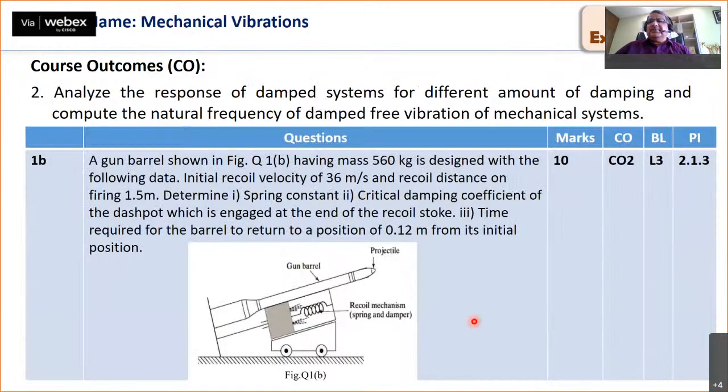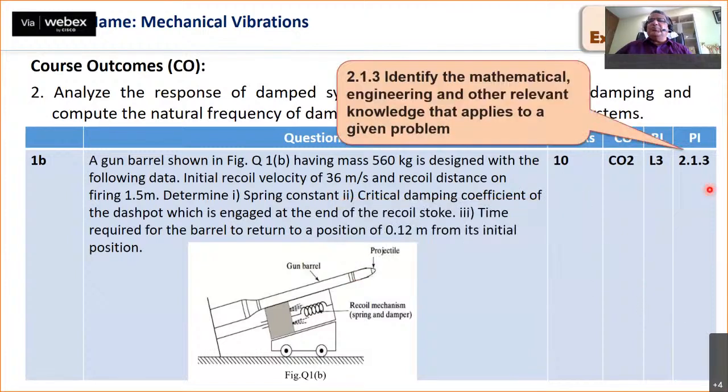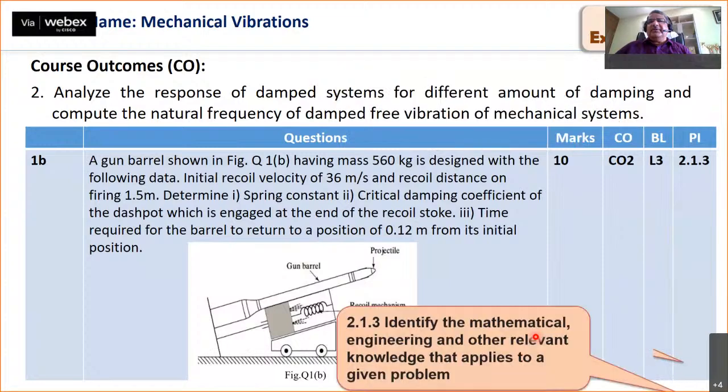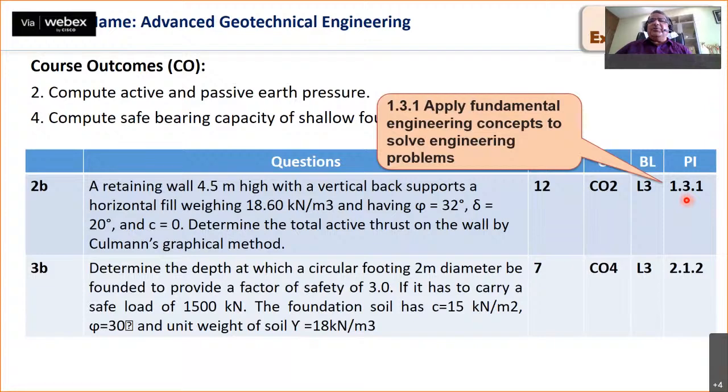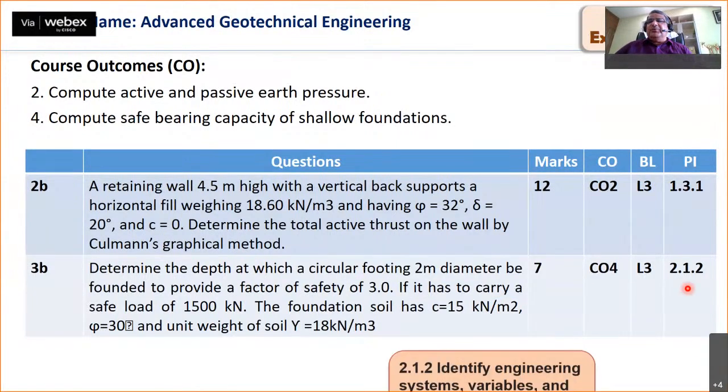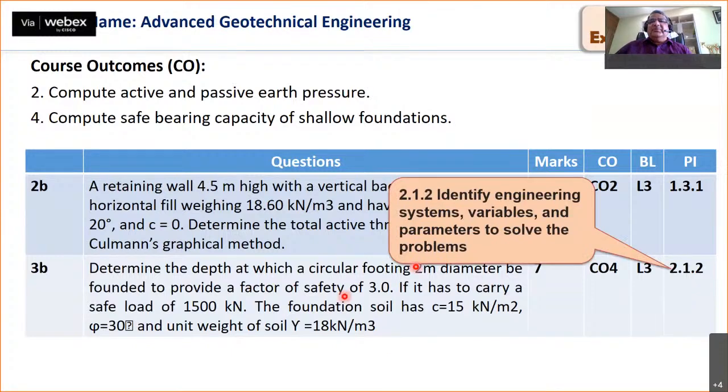Next one: why is it 2.1.3? Because it is: identify the mathematical, engineering, and other relevant knowledge that applies to a given problem. Advanced geotechnical engineering: it is 1.3.1 for the reason already mentioned. Why is it 2.1.2? Because this question is: identify engineering systems, variables, and parameters to solve the problems.